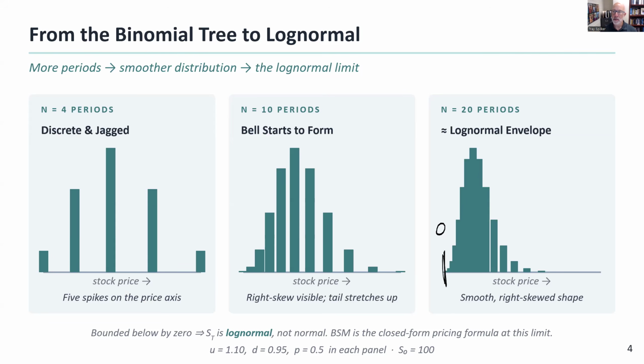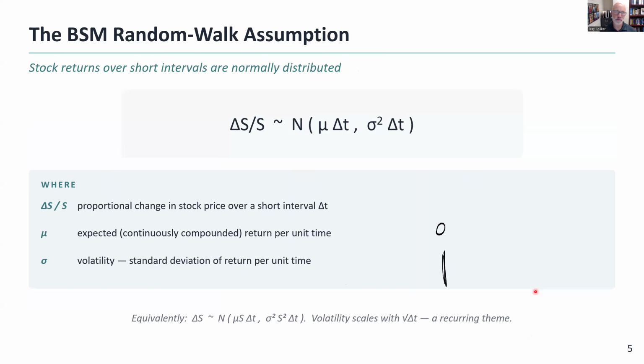All right, let's talk about some assumptions here. Generally speaking, I'm just going to walk you through the intuition here that the Black-Scholes random walk assumption, at least over a short period of time, the change in the share price is roughly normally distributed, and it's normally distributed with an expected return of mu times the time step.